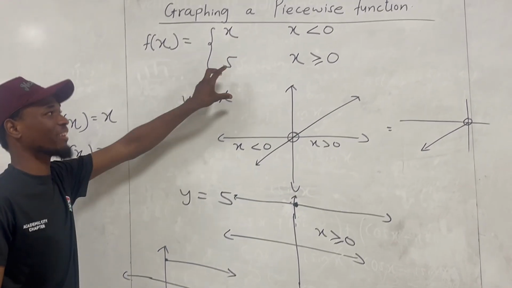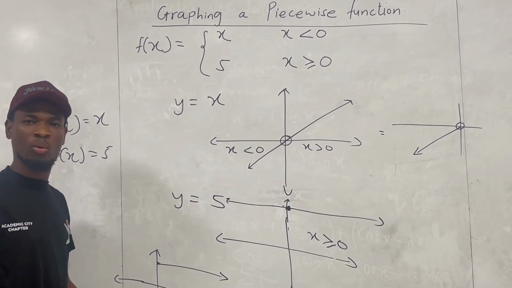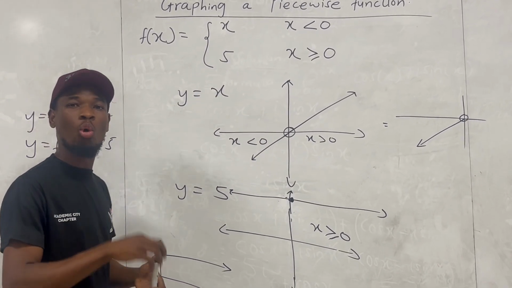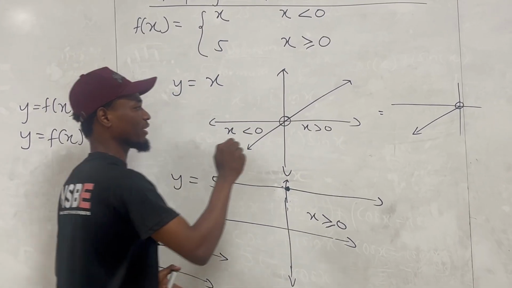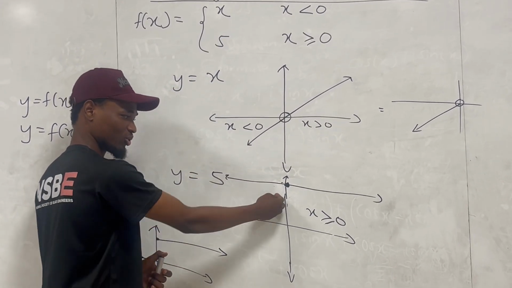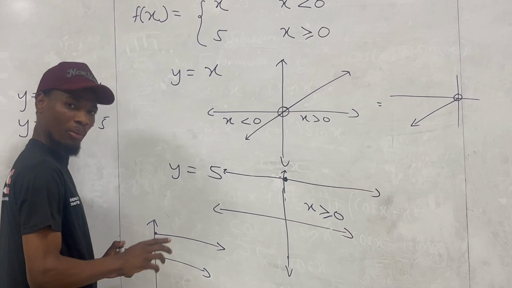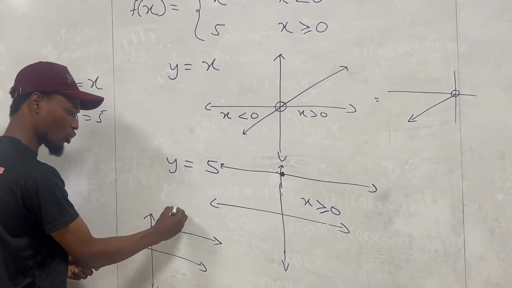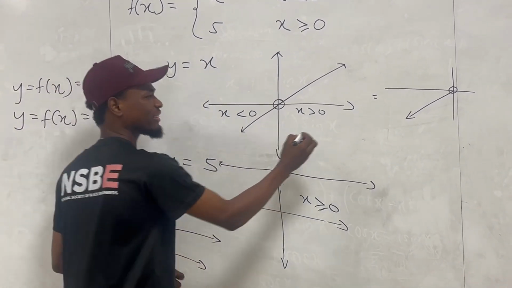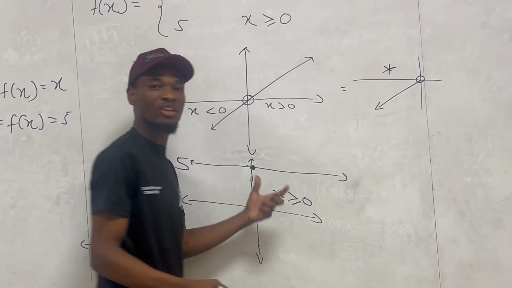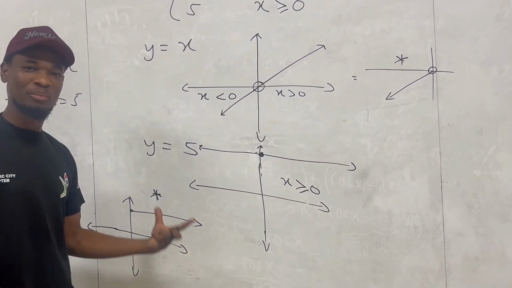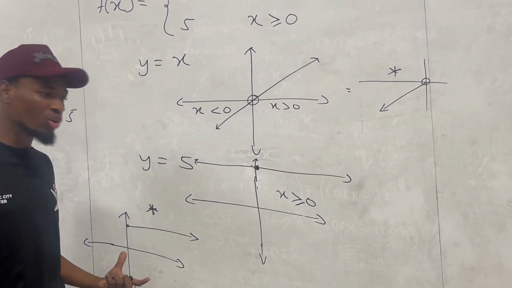So the question is that we should graph this piecewise function. So what are we supposed to do? We are supposed to combine this side to this side. In other words, we are going to combine this and that. And that would be the graph of the piecewise function. So how do you do that?